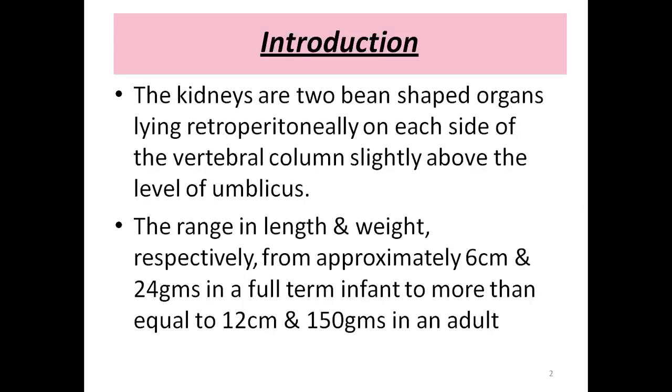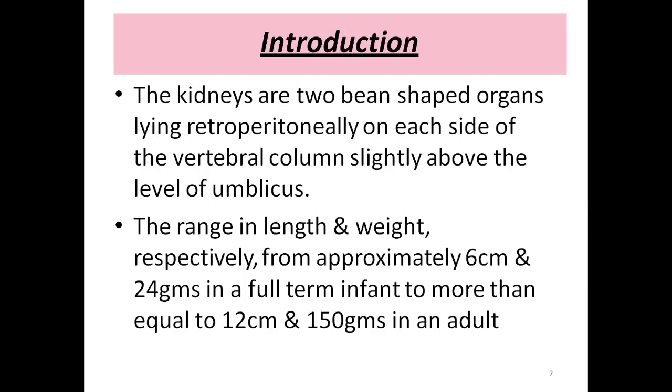But before we start with the test which we need to conduct, let us have a brief introduction about the urinary system or the kidney. There are two kidneys in our body which lie retroperitoneally on each side of the vertebral column, slightly above the level of the umbilicus.